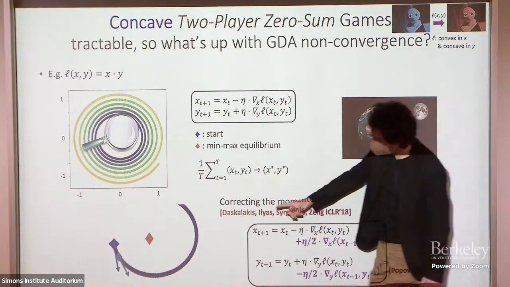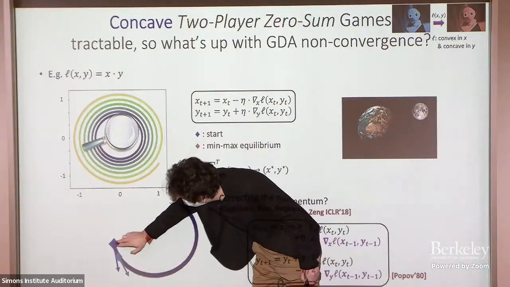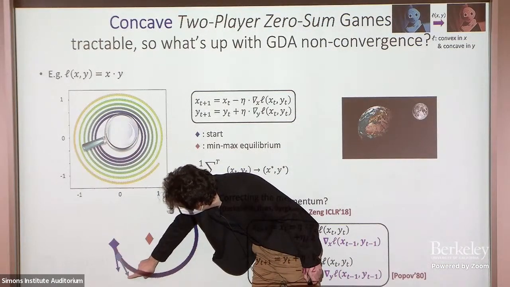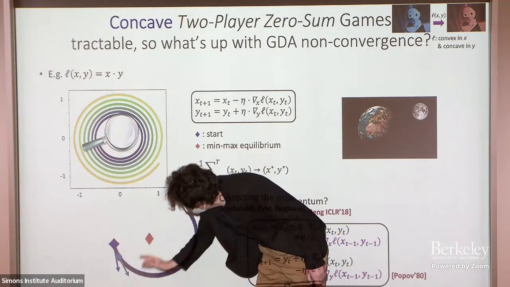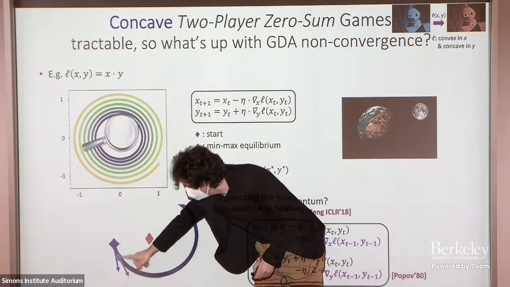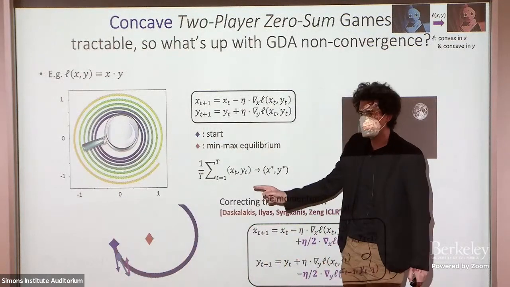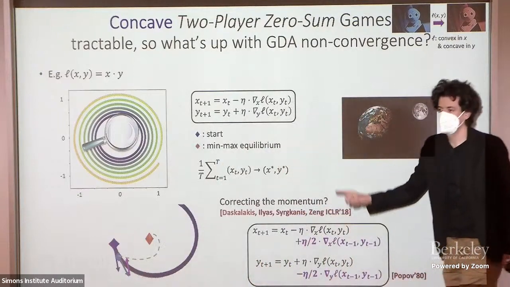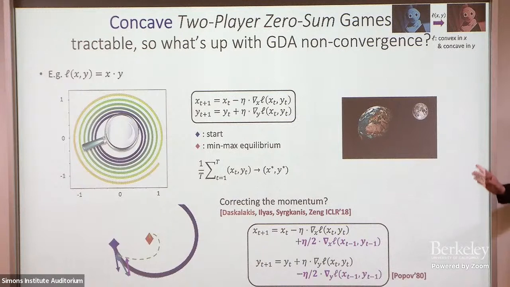So in our picture, the effect of that is, rather than, for example, pushing down here to go further away from the target, you'll be adding the negative of yesterday's gradient to your current push. So ultimately, you may hope to correct the bad momentum that your dynamics has. This is the picture of the idea.